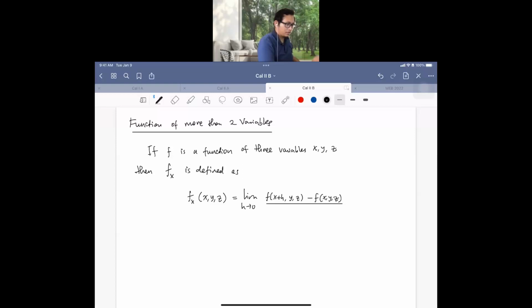Okay, basically a similar approach. Okay, we have partial y, partial z.